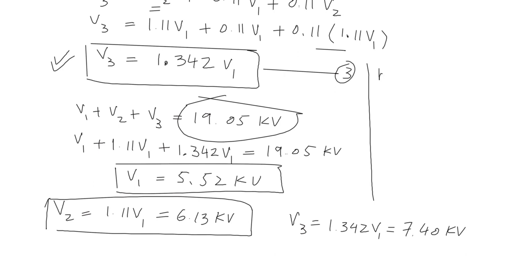And then, in part B, we were required to find the string efficiency. We can calculate the string efficiency, which is equal to V phase divided by the number of discs in a string, which is 3, times V3, multiplied by 100 to get it into percent.